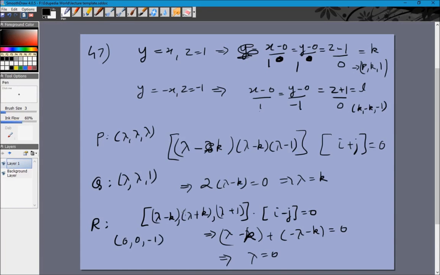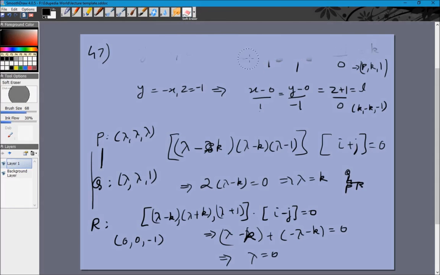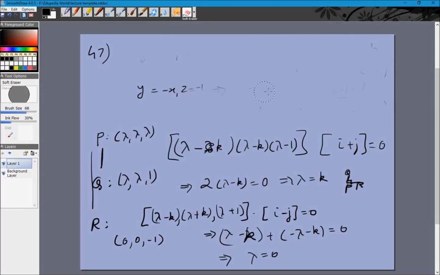Now we are given that QPR is a right angle triangle. That means QP, this vector, is perpendicular to PR, right? So we can just see what QP and PR are right now directly. QP is 0 i cap plus 0 j cap plus lambda minus 1 times k cap, right?